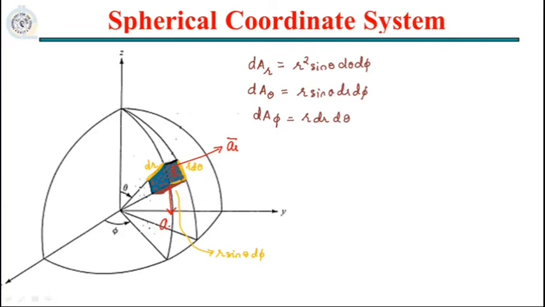So I have here a_theta bar. And if I consider the phi constant plane, remember phi varies from 0 to 2 pi and its positive direction is always anti-clockwise, whereas here the unit vector has to move outside the object, so its direction will be in the direction of minus a_phi bar.